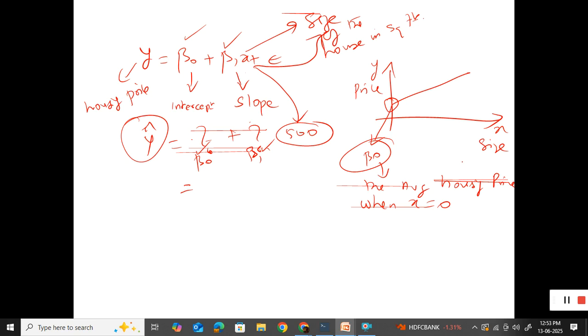But there are scenarios where the intercept is helpful. I give you the example of ad spend and sales. Your shop is in a prime area already. If you give advertisement, it can boost your sales. It doesn't mean that if you don't give any advertisement, you will not get any revenue, is it?